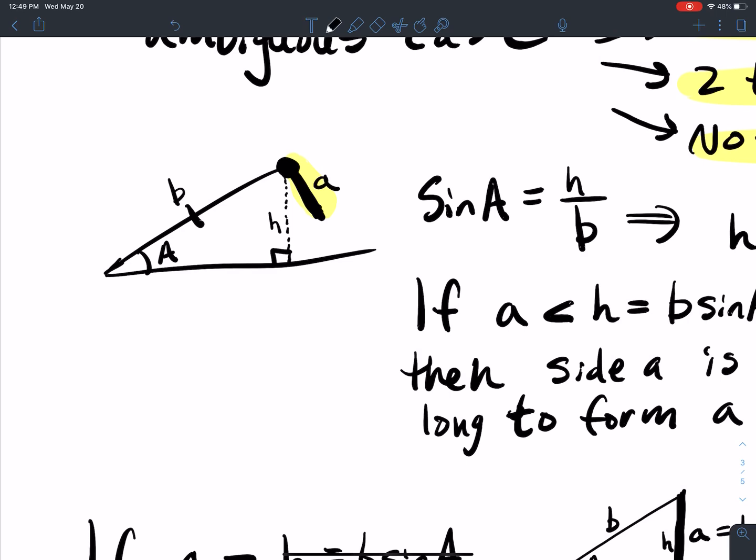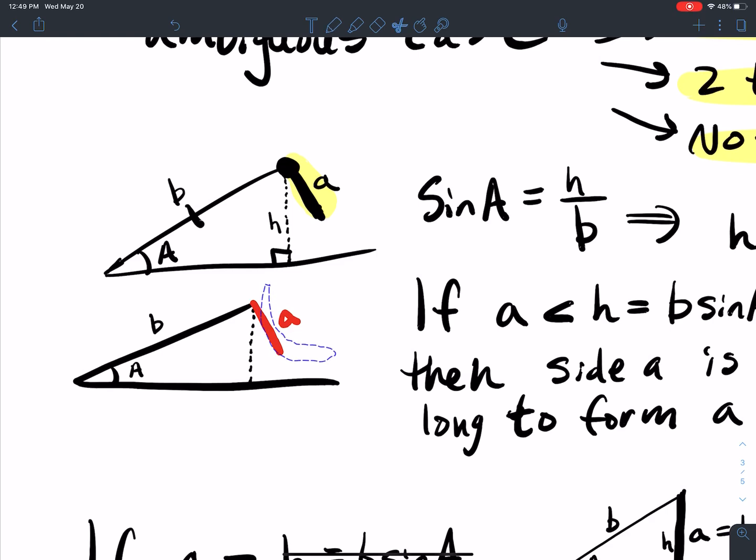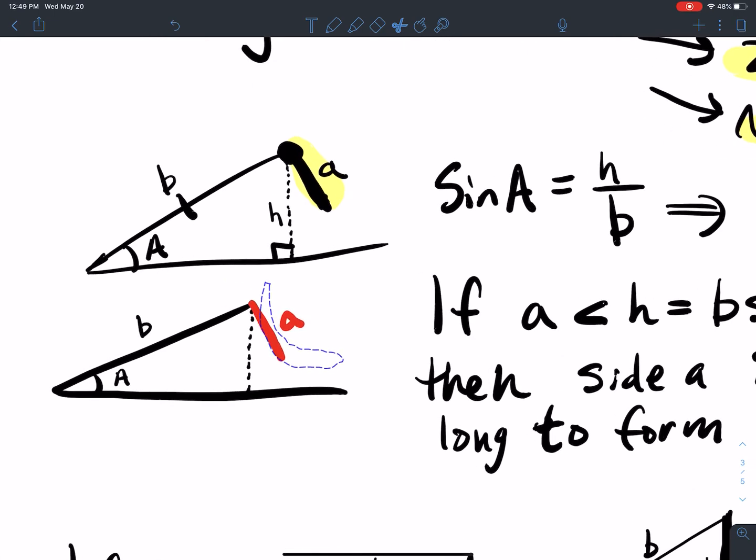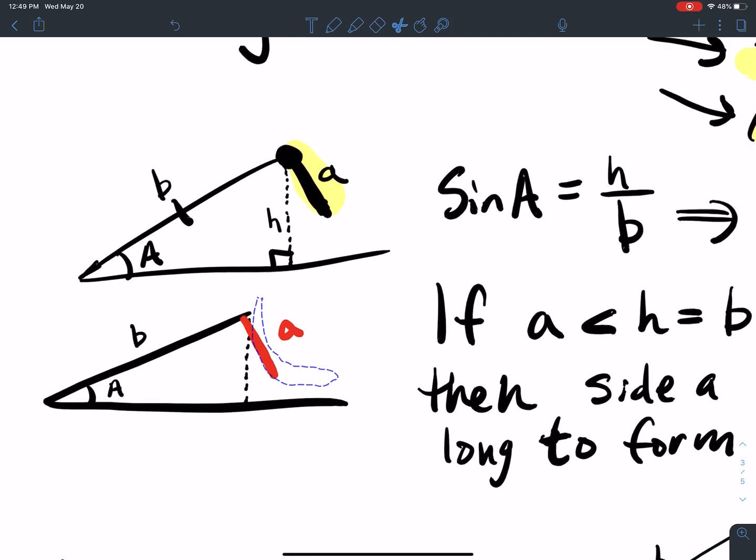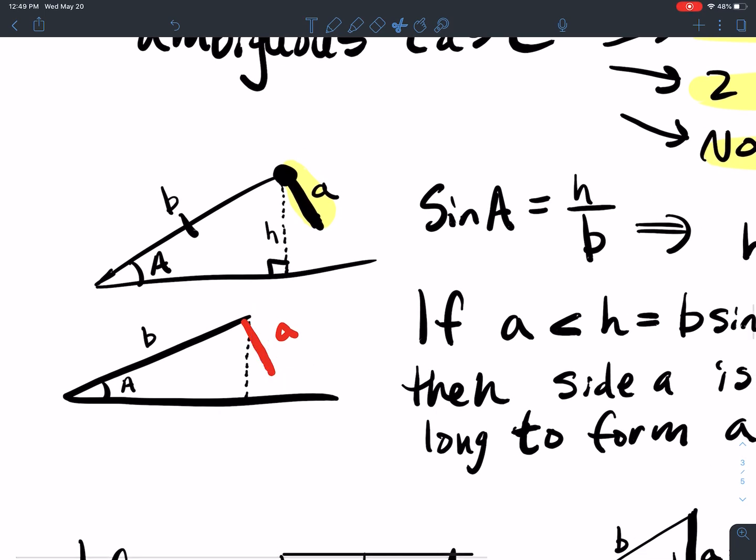All right, so if I draw this out, I've got my B and my angle A. If my A is short, then no matter what I do, no matter how I rotate it, it's always going to not complete that triangle.